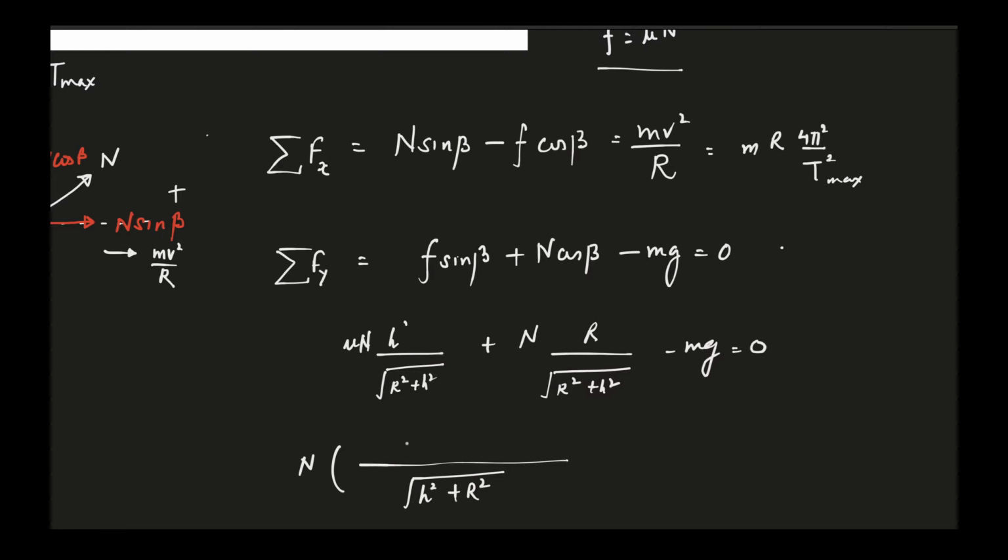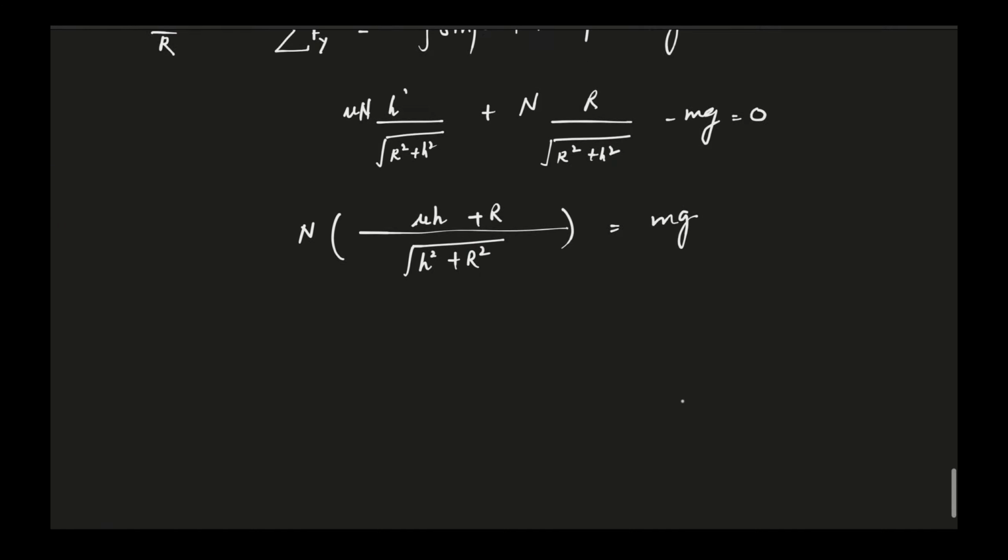Numerator, n is common, so mu times h plus r is equal to mg. So n is equal to mg root of h square plus r square divided by mu h plus r.